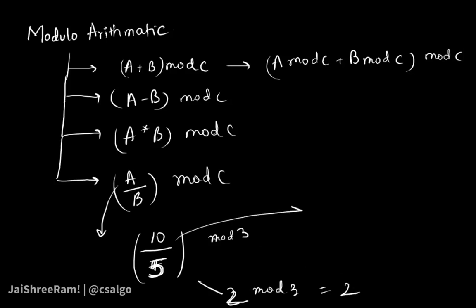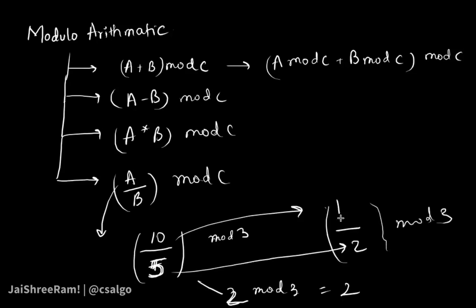But if we take modulo first, 10 mod 3 is 1, and 5 mod 3 is 2, so that is one half kind of thing. And then if we take modulo, that doesn't make sense, right? It is no longer divisible, so we cannot open up modulo inside divisions directly.